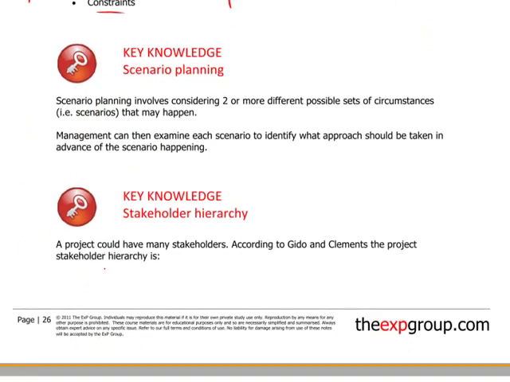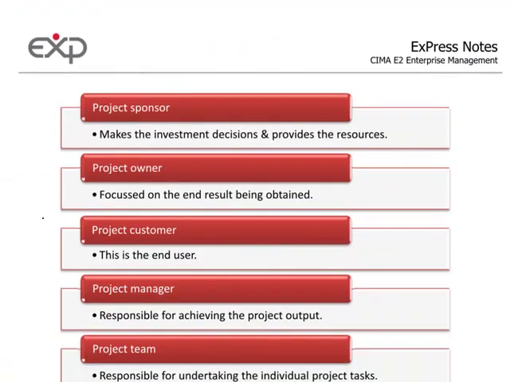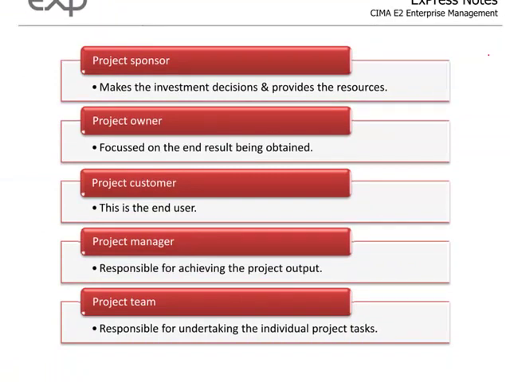Just to finish off this chapter, at the bottom of page 26, I'm going to look at stakeholder hierarchy, and the final page of this chapter identifies a hierarchy of stakeholders within a project. So we have a project sponsor.